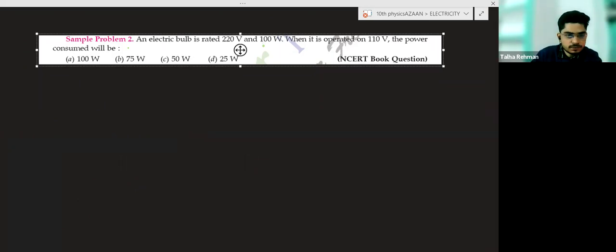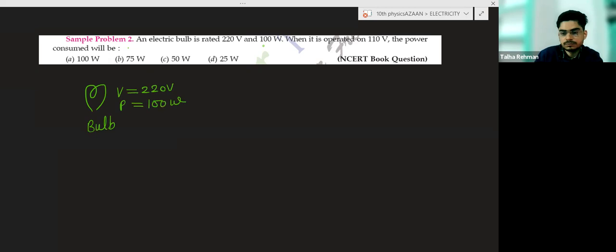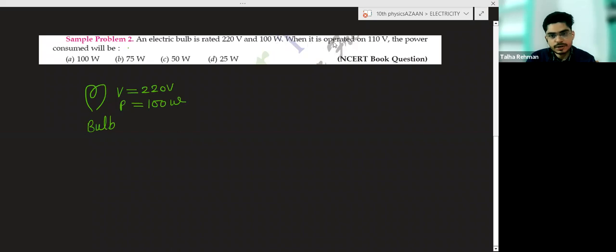There is an electric bulb, and the potential difference is 220 volt and the power of this bulb is 100 watt. Generally we say in our home the bulb is of 20 watt, 30 watt. That is the power of that bulb. The electric bulb is rated 220 volt and 100 watt. When it is operated on 110 volt, the power consumed will be?